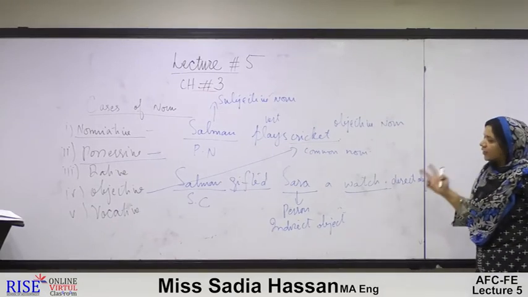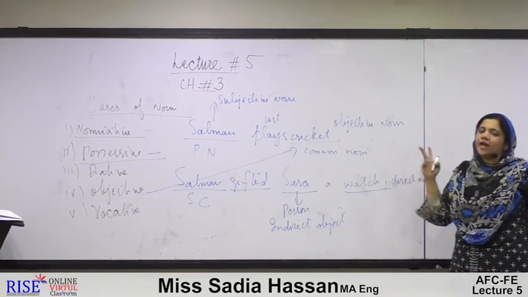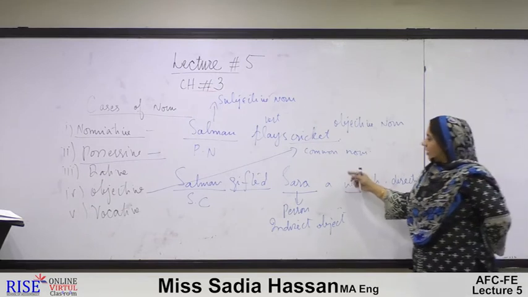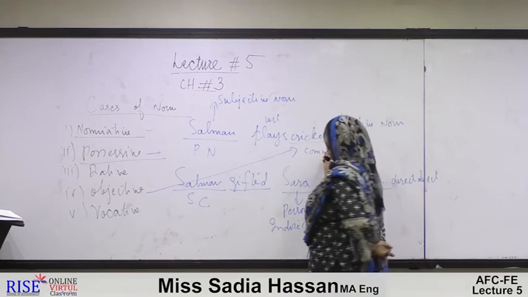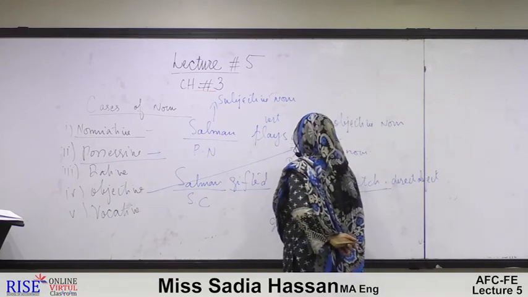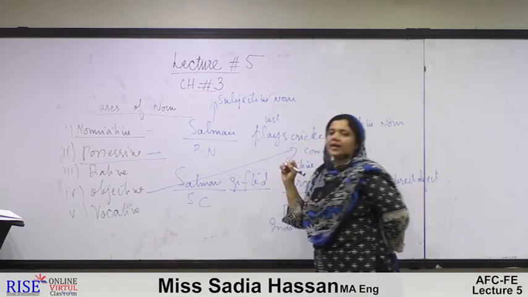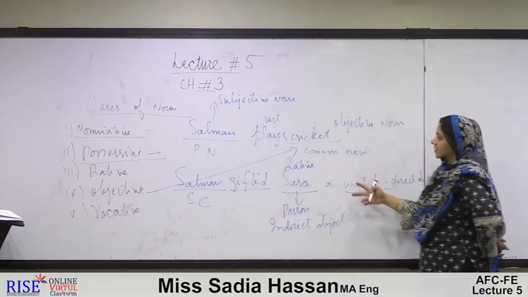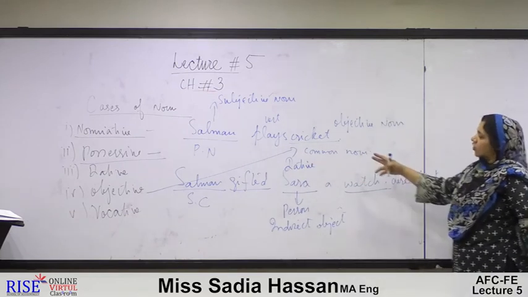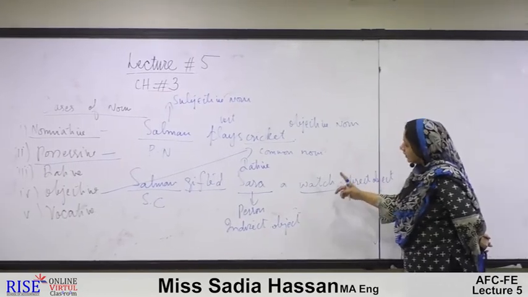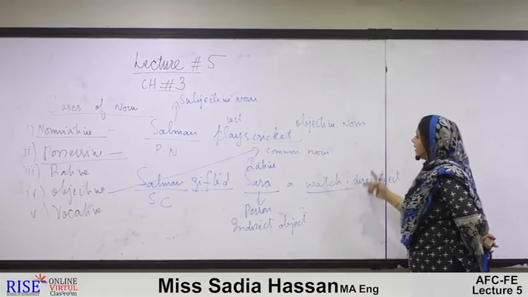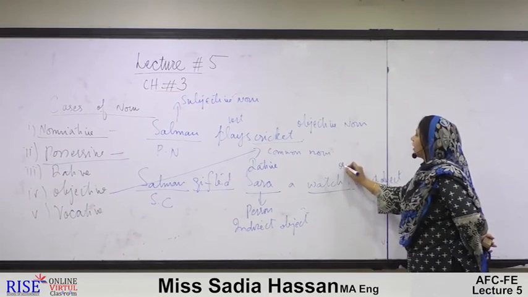And we have different cases for these two types of objects. The case of an indirect object is called dative case. If we find an indirect object in a sentence, that particular noun is in the dative case. And if we find a direct object in a sentence, that is called objective case.